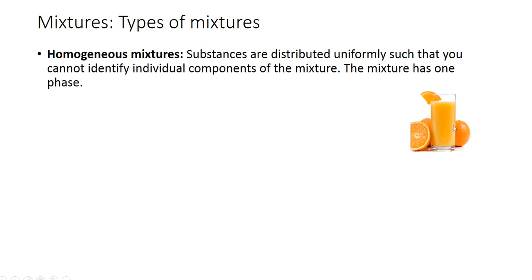So we have an orange juice here. Orange juice is made of the orange juice and some water in it. So the question is, can you make out where the actual orange juice is or where the water is? No, because it is a homogeneous mixture.